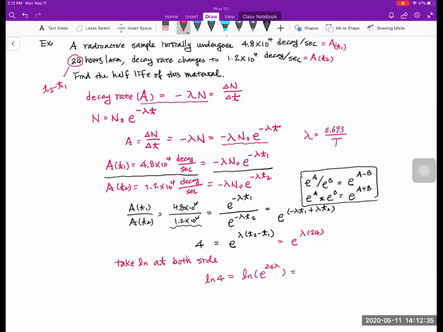The natural log of the exponential is the exponent of that, which is 24 lambda. That gives you lambda is the natural log of 4 over 24. And then you can find this number over here. This will be 0.0578, and that is what lambda represents. And that is going to be per hour because we're starting with 24 hours.